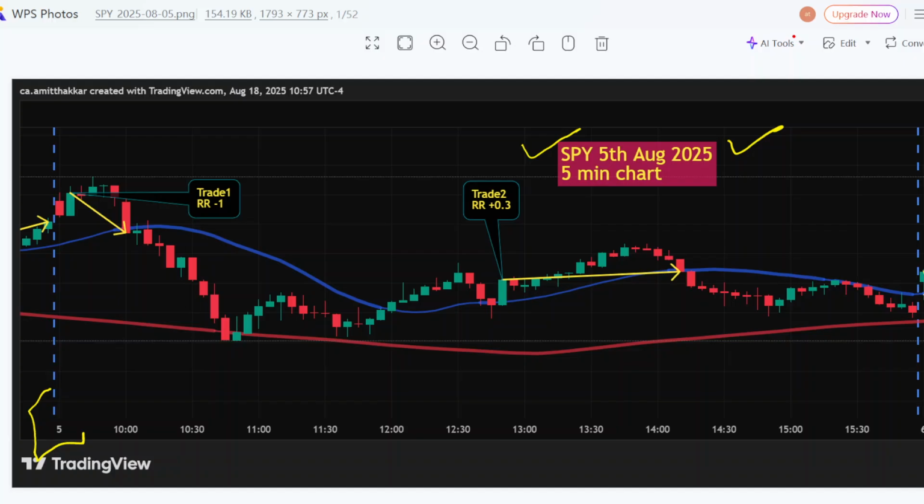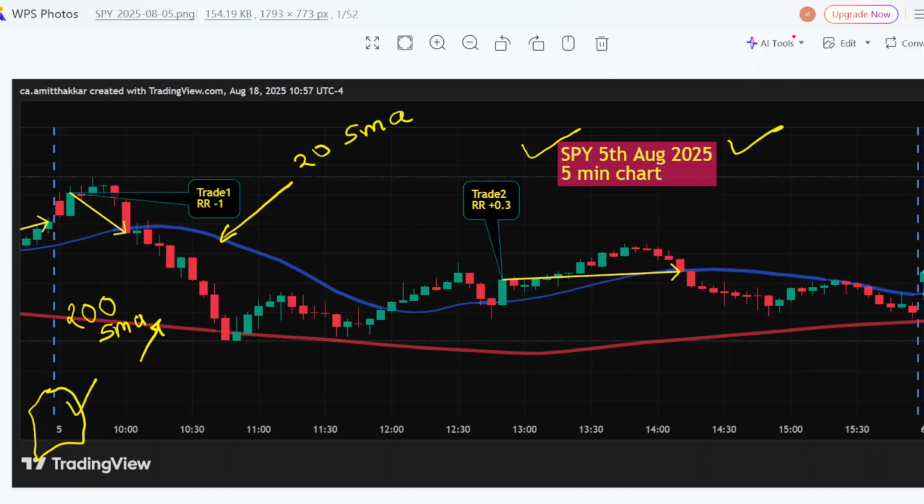So, as you can see on 5th August, as per our strategy, we will compare the position of the market at the open as compared to two favorite moving averages. One is the 200 period simple moving average, a red color moving average, and a 20 period simple moving average, which is blue in color.